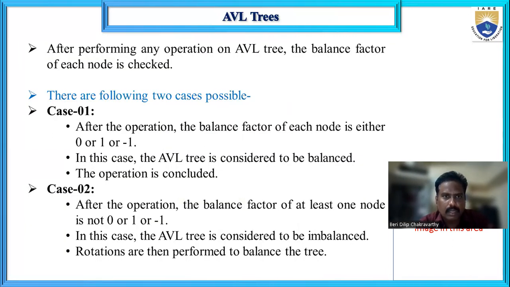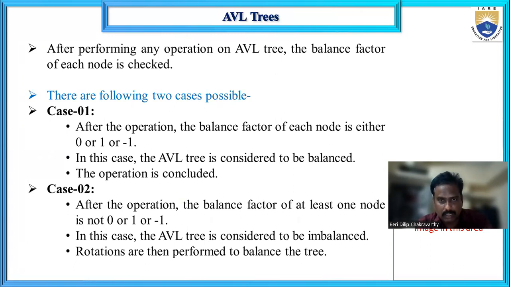After performing any operation on an AVL tree, the balance factor of each node is checked. There are two cases. In the first, after the operation the balance factor of each node is either 0, 1, or minus 1. In this case the AVL tree is considered balanced and the operation is concluded. In the second, sometimes the balance factor of at least one node is not 0, 1, or minus 1.